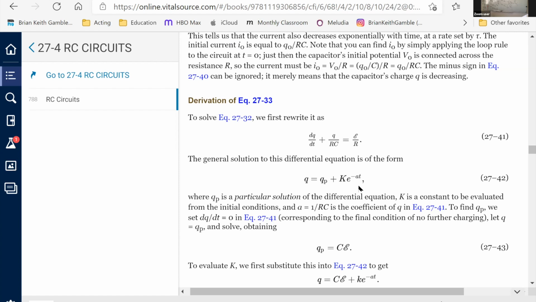Oh, so they do give a general solution. If this is the general solution that they're giving, they are doing it with constant coefficients. The indefinite integrals. That's the general solution for the indefinite integral.